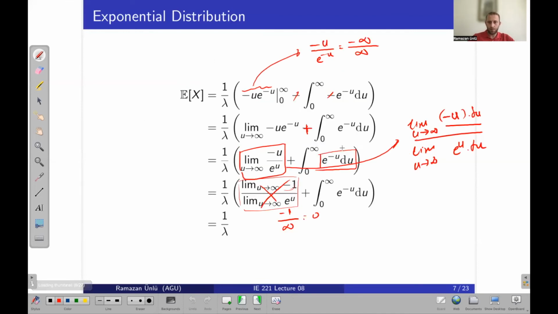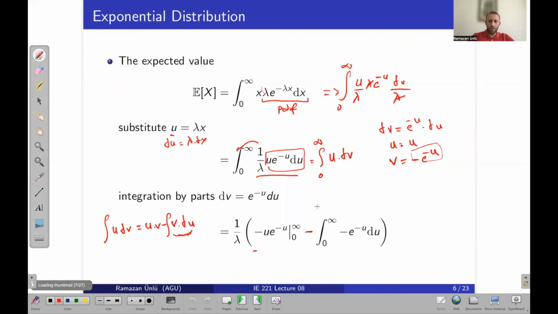Let me write that one, which is lambda times e to the minus lambda x. If I specify that PDF by taking the lambda value as 1, that will be 1 times e to the minus x, right? So actually, this is the same as this one. Instead of x, I just use u. So this is actually the PDF of the exponential distribution, and we found that.